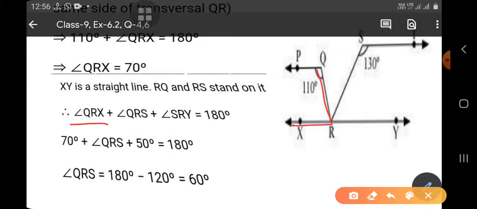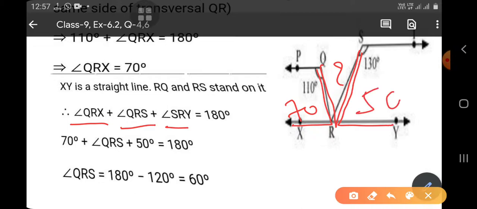So angle QRX, this angle which is 70 degree, plus angle QRS, which I don't know and we have to find, plus angle SRY, which is 50 degree. So we put the value of this angle and this angle, that is 70 plus 50, which is 120 degree.